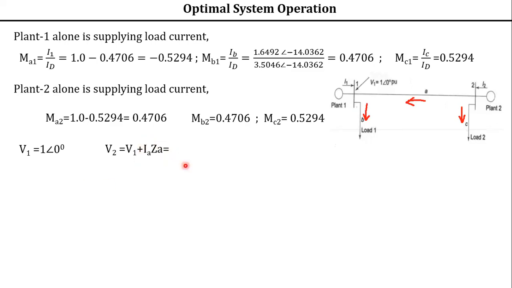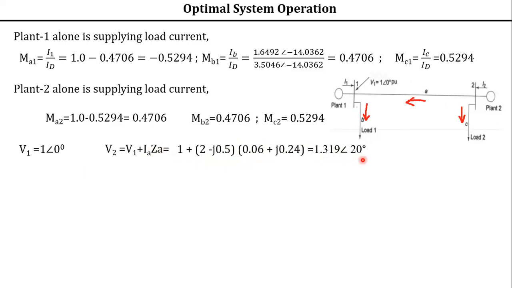V1 is 1 and IA is given in the problem, that is 2 minus j0.5. In the problem the branch current and the corresponding branch impedance are given, ZA is 0.06 plus j0.24. Solve this and we will get 1.319 at an angle of 20 degrees.